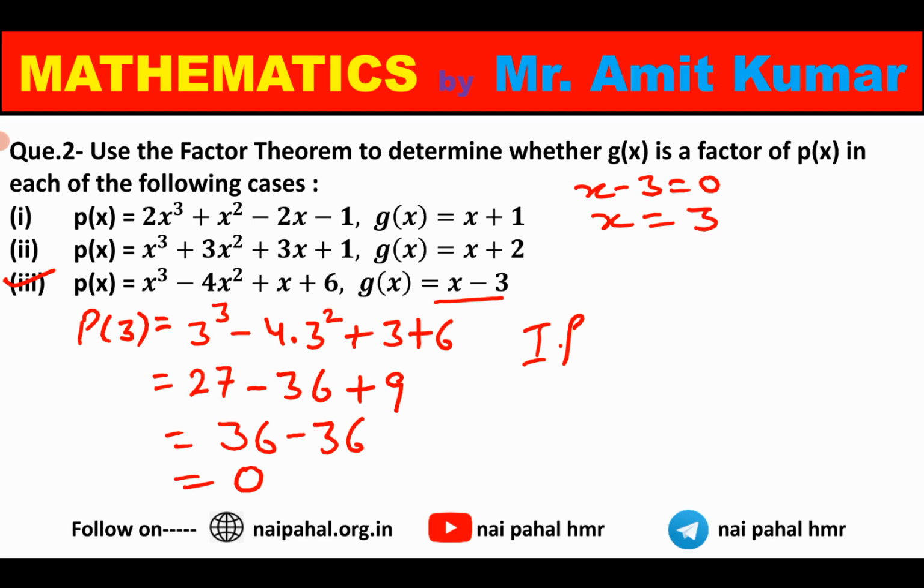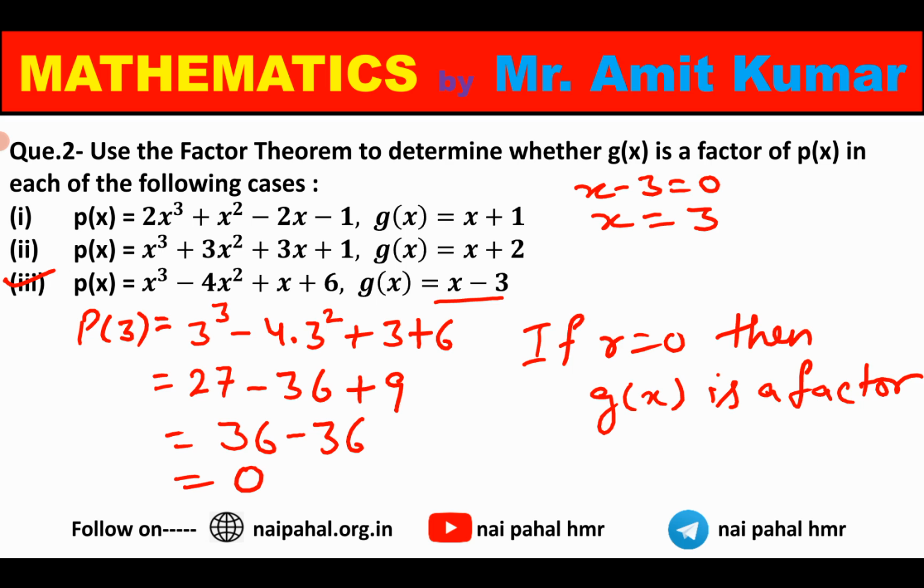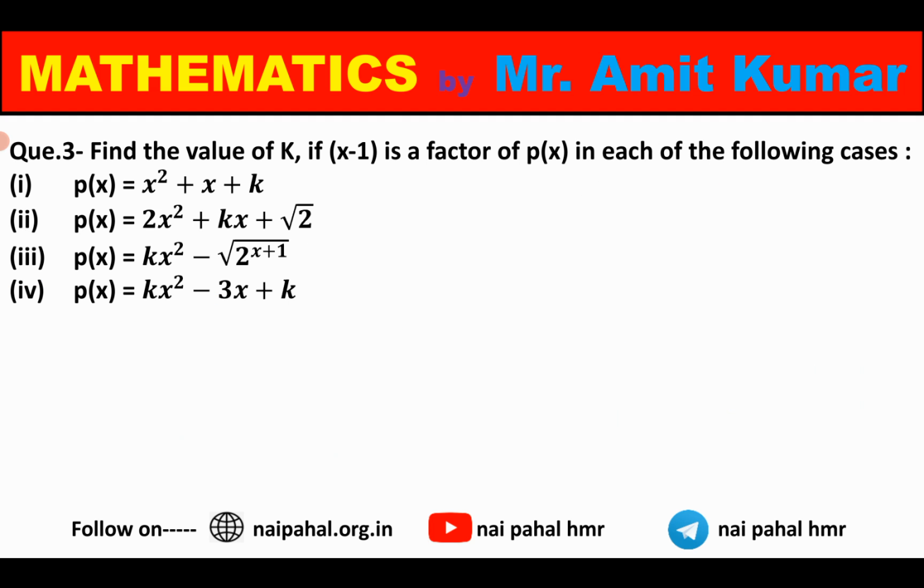In case of minus 2 cube, it will be minus 8, and the square of minus 2 will be 4, and 4 multiplied by 3 will be 12. If we multiply 3 and minus 2, it will become minus 6, and there is plus 1. So you can see here that minus 8 plus minus 6 is minus 14, and 12 plus 1 is 13, so the result is minus 1, which is not equal to 0.